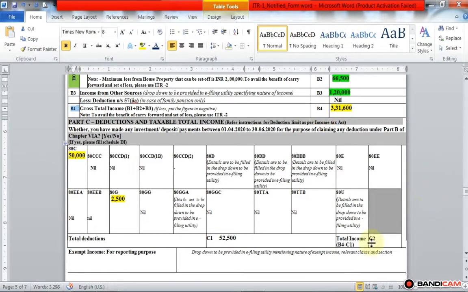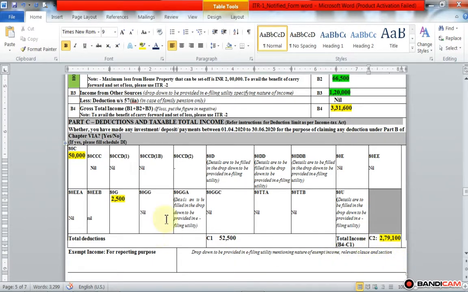We get a total income of 2,79,100. Got it? 2,79,100 is the total income of the assessee.